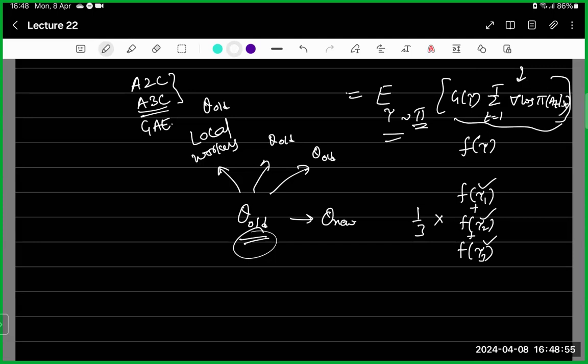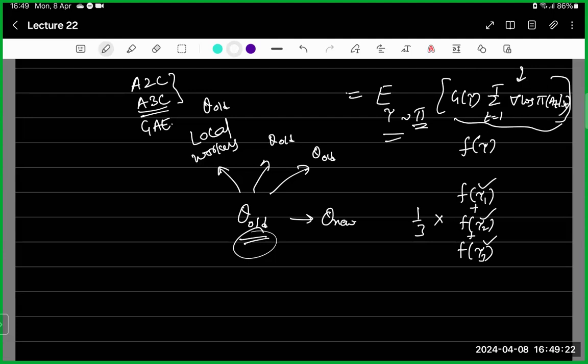So you wait till all the three workers finish and return back the values, and then update your theta. That is called the synchronous version, where you give some work to all three, you wait till everyone finishes, and once they return you the values, based on that you update your parameters.